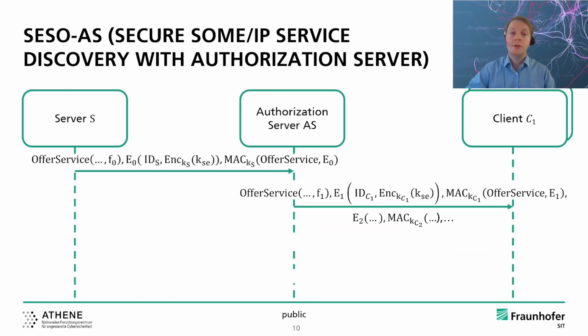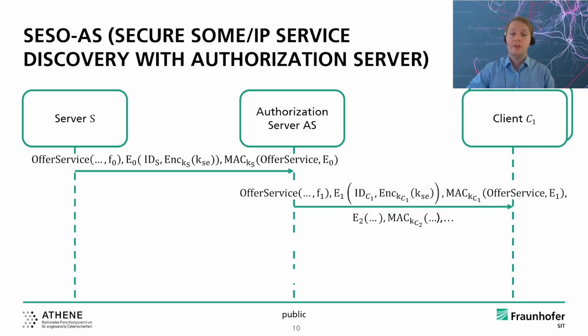Our second approach, SESO-AS, runs a bit differently. The offer service is no longer broadcasted to the network, but directly transmitted to an authorization server. This message contains an encrypted session key as well as a message authentication code to verify the integrity and authenticity of the offer service message.